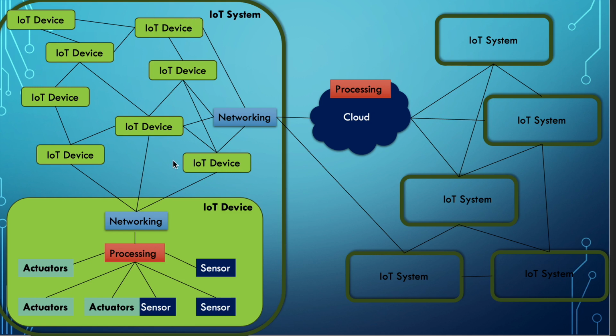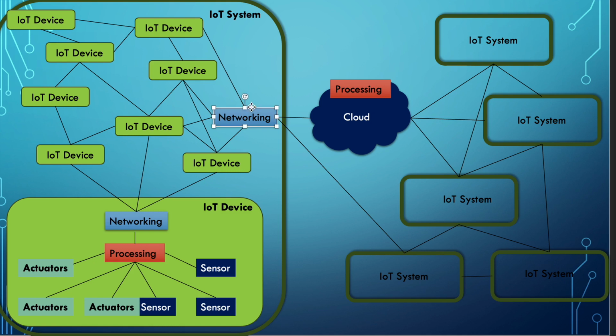So the internal networking of an IoT system could be internet protocols like Wi-Fi, Bluetooth, cellular, or, depending on the architecture, IoT dedicated networking such as Sigfox, Z-Wave or Zigbee, right?